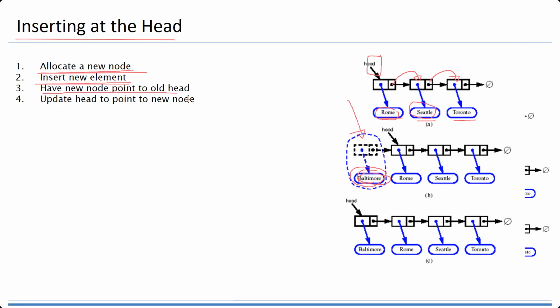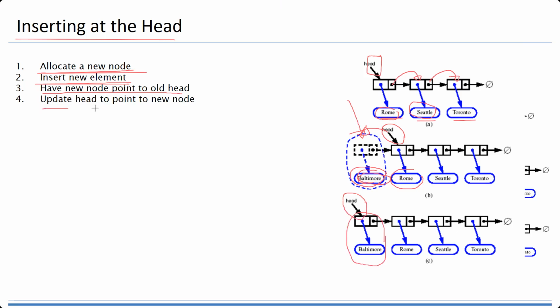When they know that the front is Rome, the head position will be moved to the new node. In this case, the head now will be at the new node, which is Baltimore.